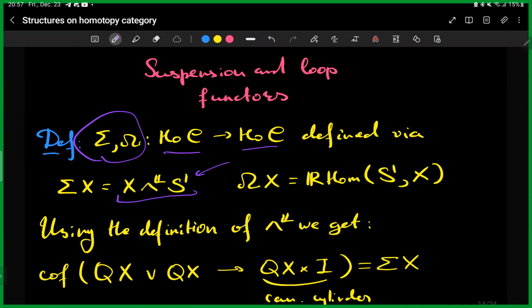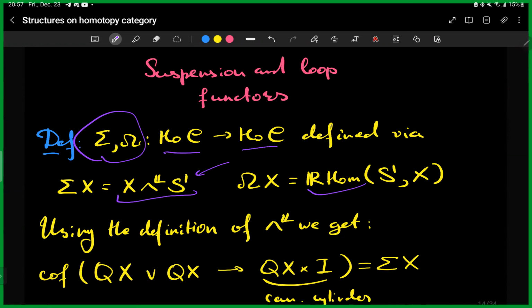As we know, this derived smash product preserves homotopy equivalences in both arguments, as we discussed earlier. And similarly for this derived hom space.